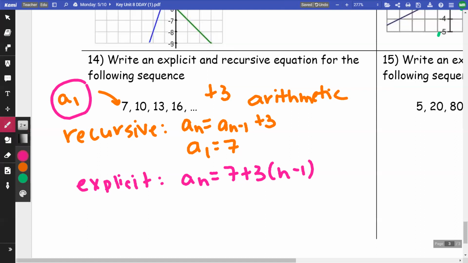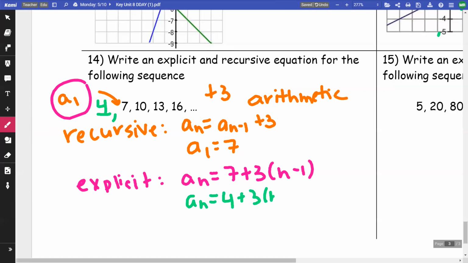If you wanted to go backwards and ask, okay, what would have been in front of this? If I'm adding 3, then going backwards, this would have been a 4. And so you could have also done a sub n is equal to 4 plus 3 times n. I'm sorry, not n minus 1, just n, because this 4 is my 0 term. Okay, that 4 would be my a sub 0.